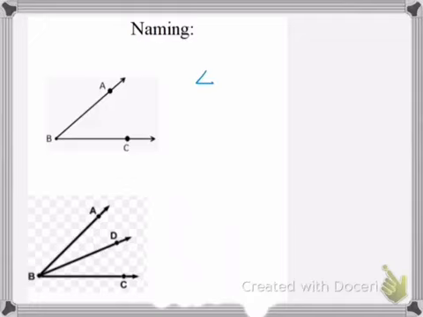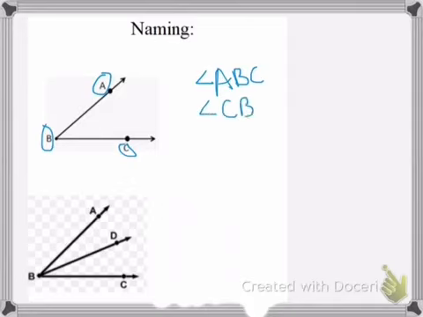With an angle, we need 3. So we can see this A, B, and C. We say angle ABC. I could also say angle CBA. Now, with angles, it's really important that the vertex is in the middle.